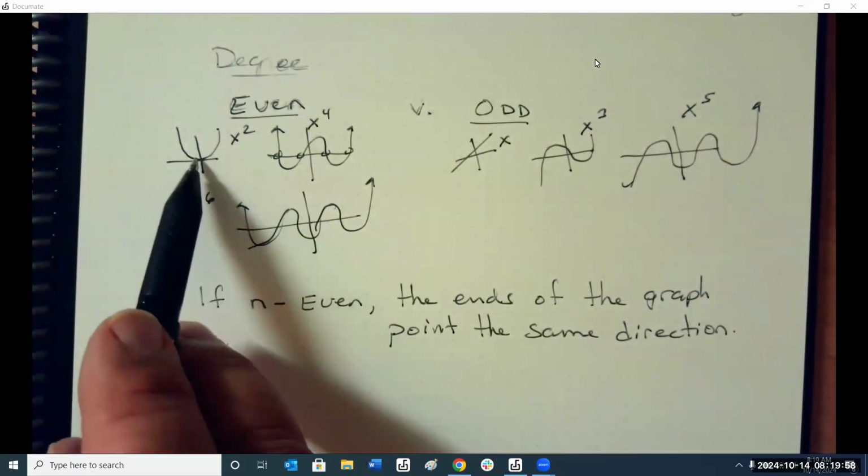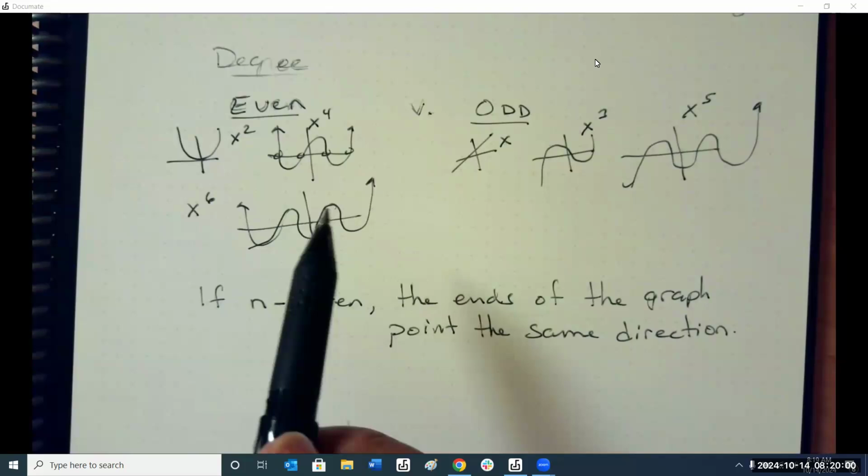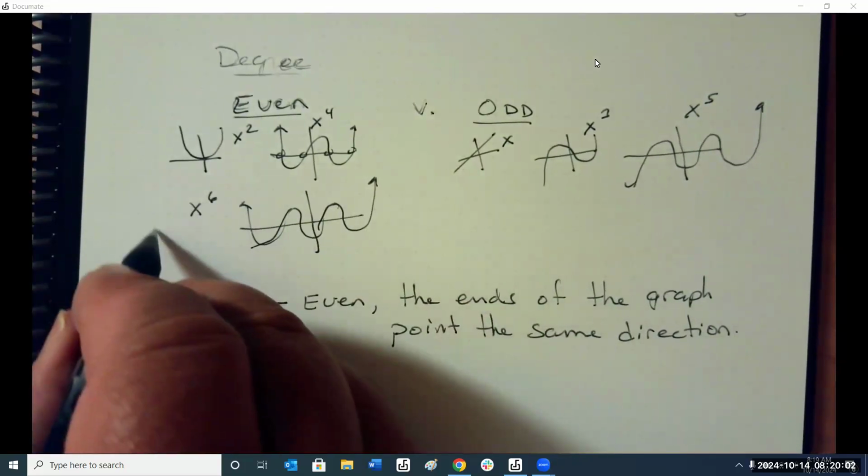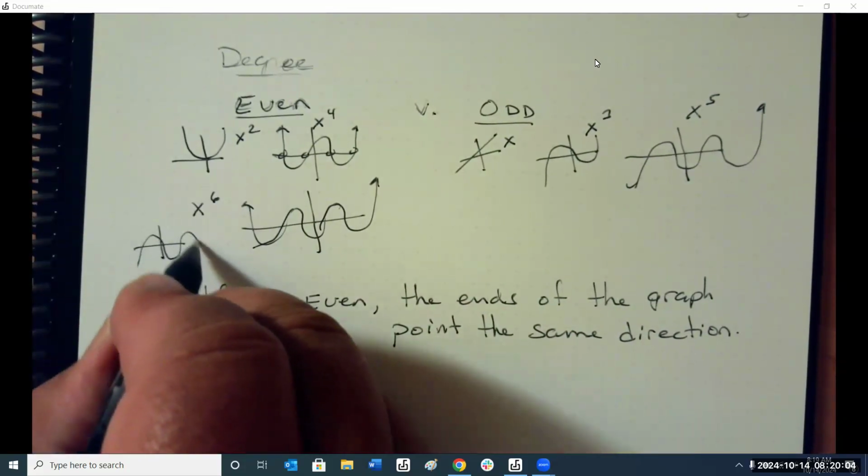So x squared, x to the fourth, both ends point the same direction. They can either point up or point down.